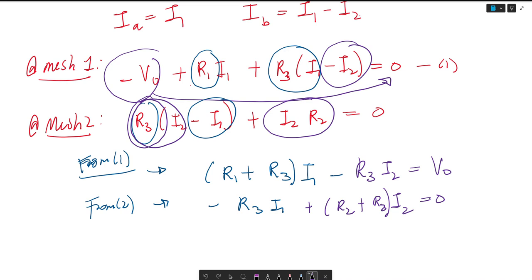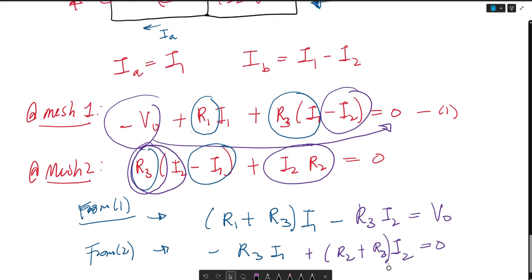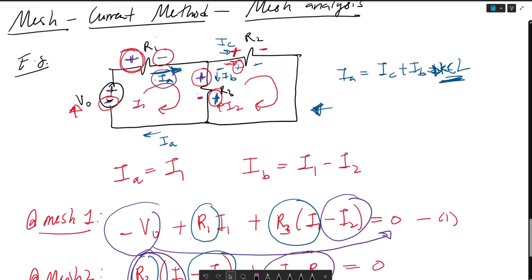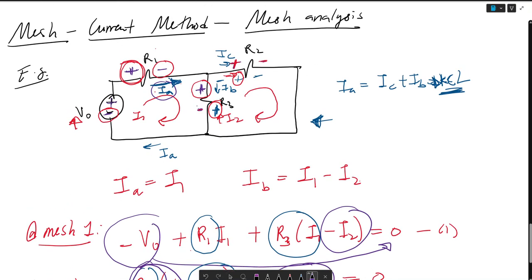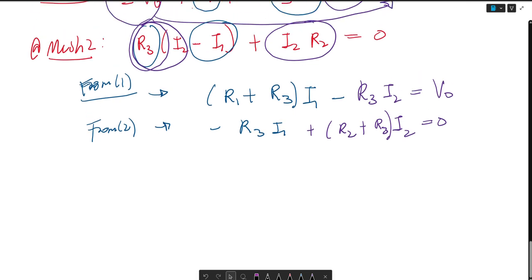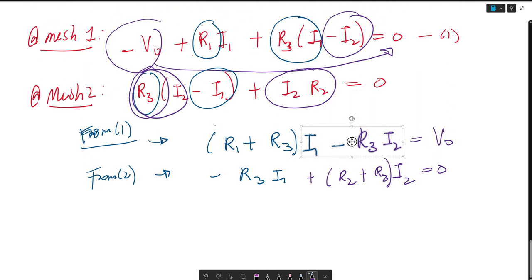So now I have 2 equations and 2 unknowns. And I can go ahead and solve for any type of currents or voltages that I want given these resistor values.